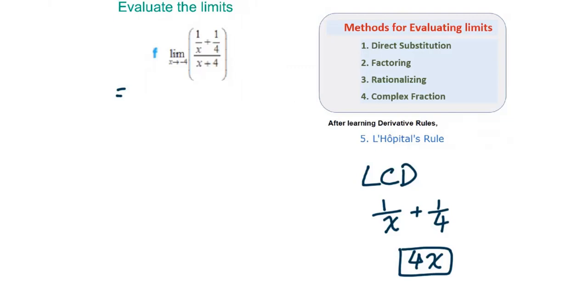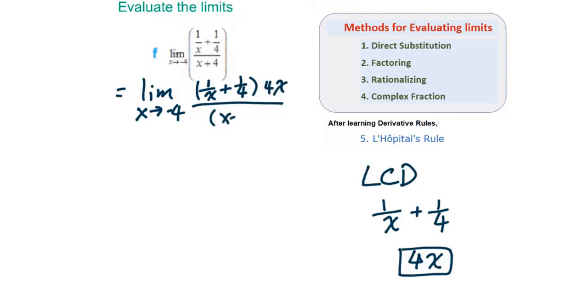Therefore, for the limit as x approaches negative 4, you will do 1 over x plus 1 over 4. We multiply by 4x. And the bottom, you need to multiply by 4x also.